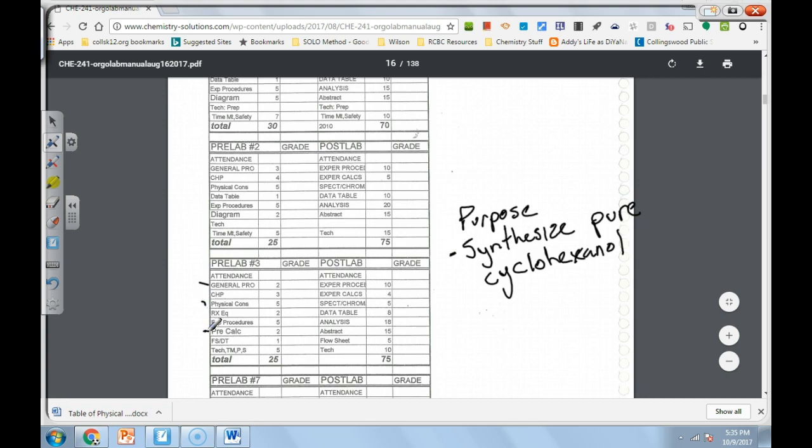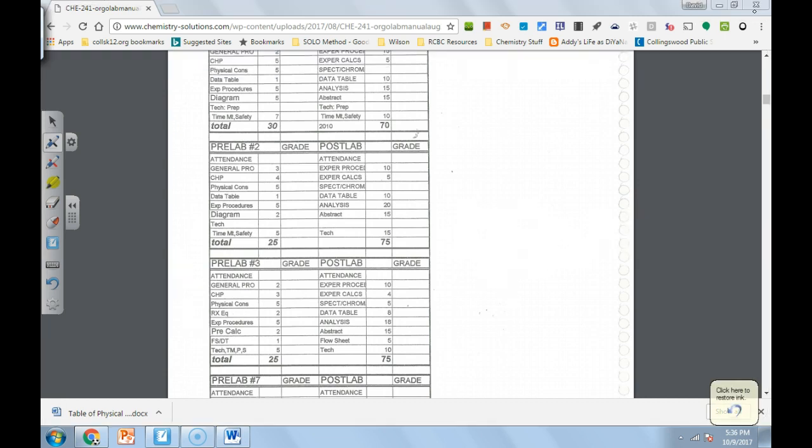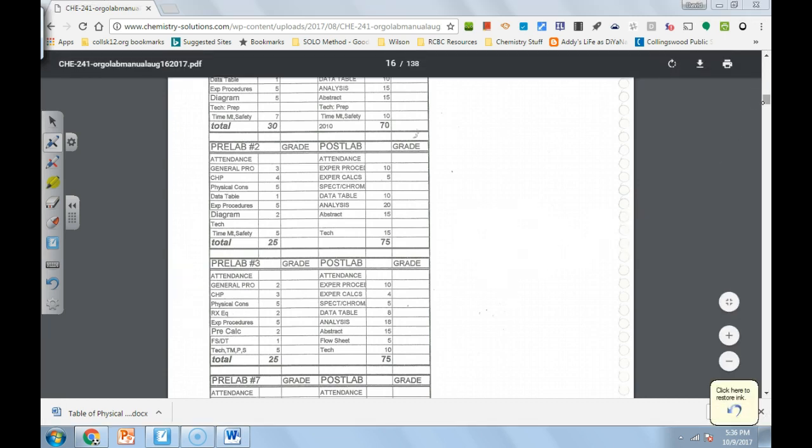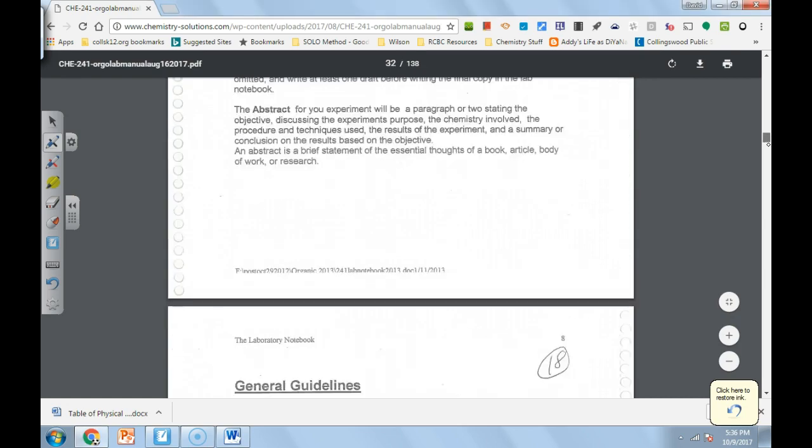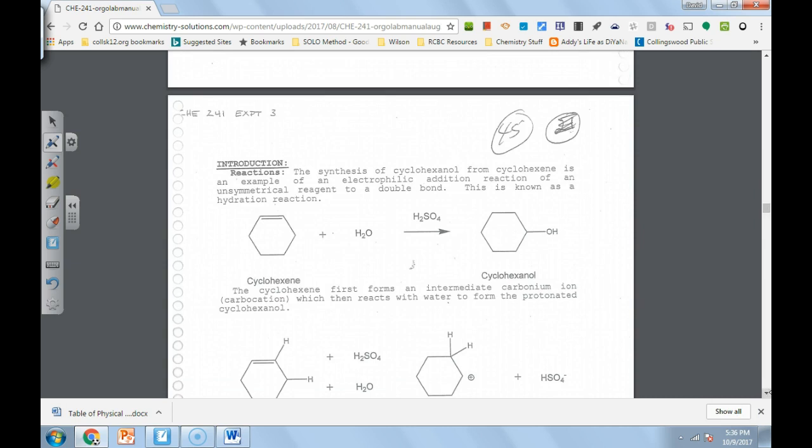Physical constants and pre-calcs, there's a modification for those 2 things, but I will tackle that in another video. The next thing is this reaction equation. The reaction equation is really just going down to where the lab is on Professor Sherlock's website.